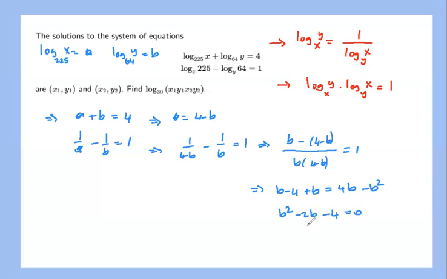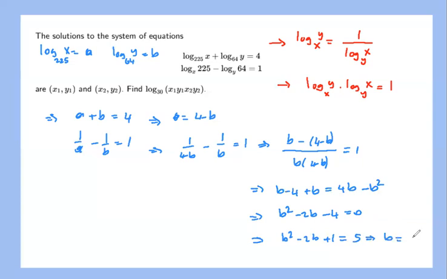At this point, you may use either the quadratic formula or completing the square. I'm going to go with completing the square. That will give us b squared minus 2b plus 1 equals 5. If you are not sure what I did here, I just completed the square. And this is (b minus 1) squared equals 5.